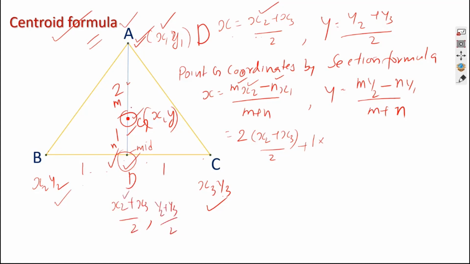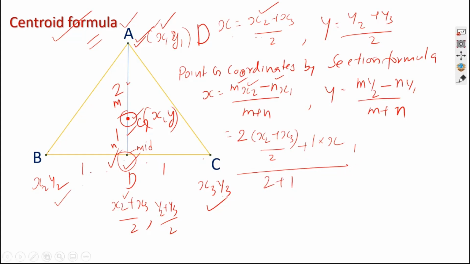So this one we used. Then in the case of 1 into x1, this one. Okay, and m plus n. m की जगह पे we are having 2 and n की जगह पे 1, right?